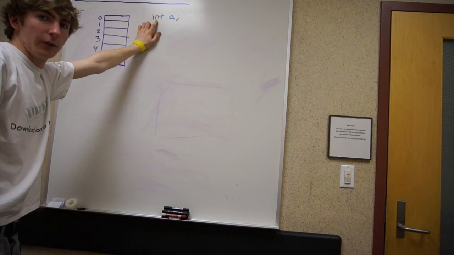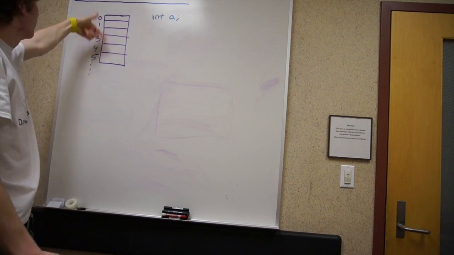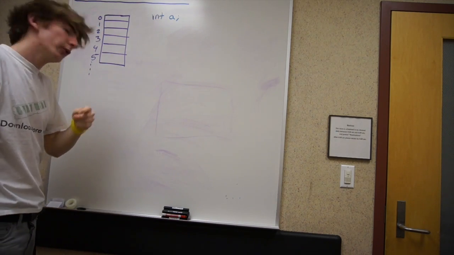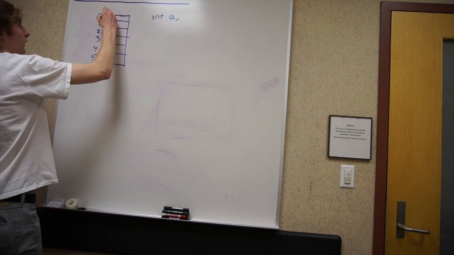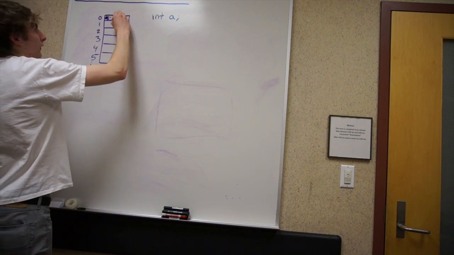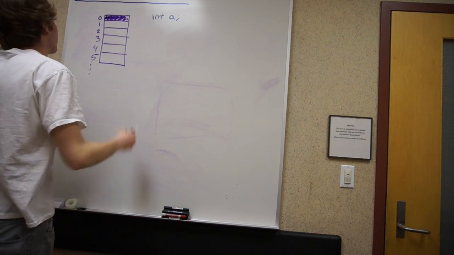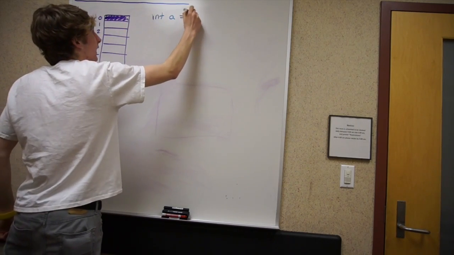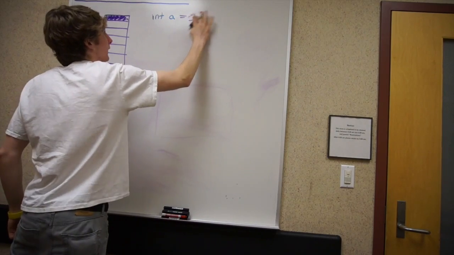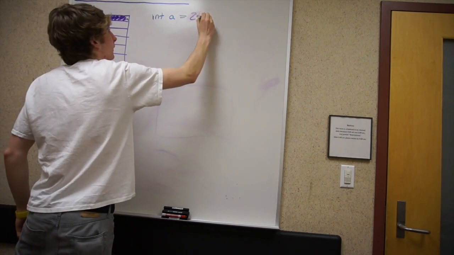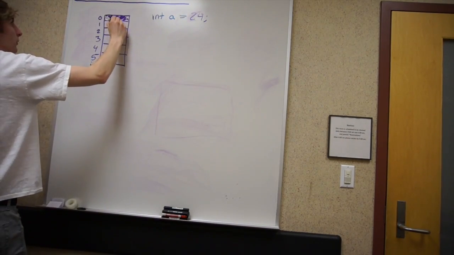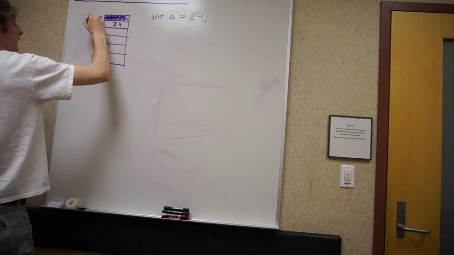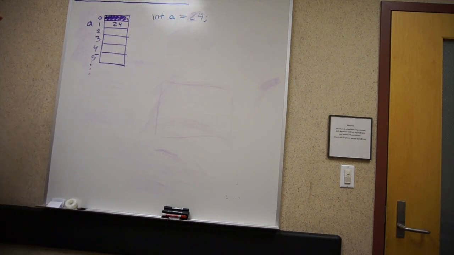So when it gets compiled, it's going to choose an address in memory and store a there. Now I can't choose 0 because nothing can go in 0. So let's say it chooses to put a right here. Let's say you did int a equals 24. So it's going to put 24 right here, and it's going to know that this represents a.